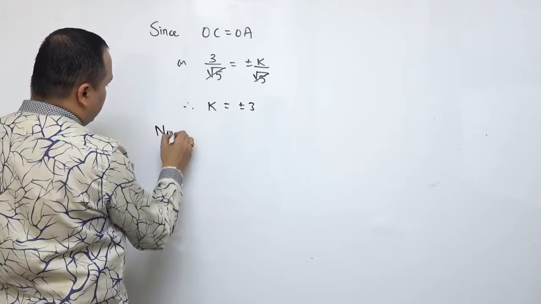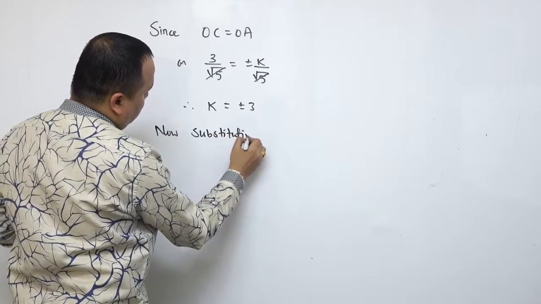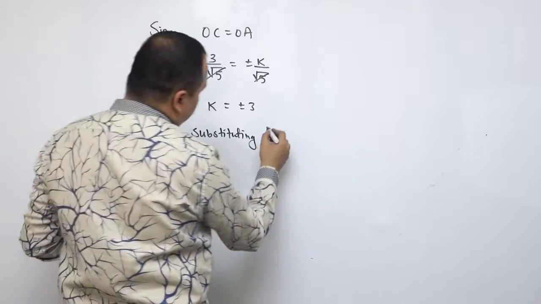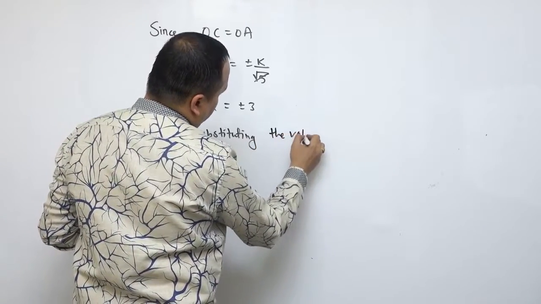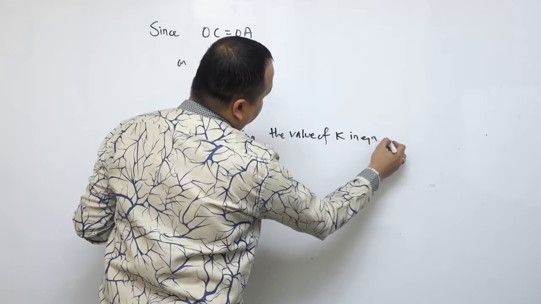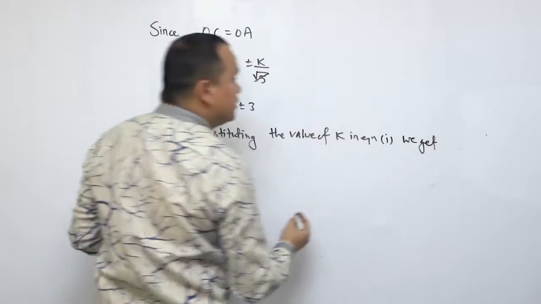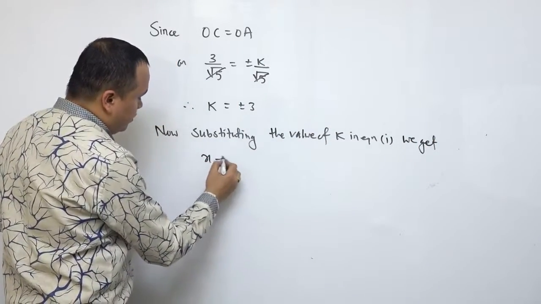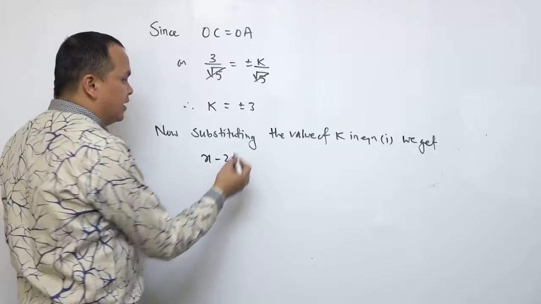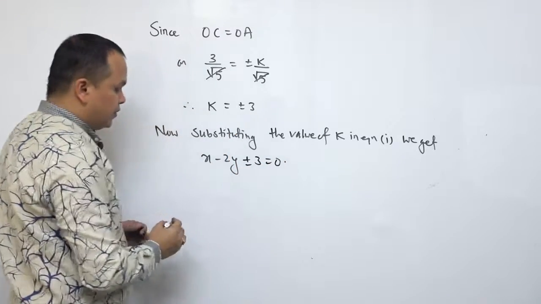Now, substituting the value of k in equation 1, we get x minus 2y plus k, and k is plus minus 3, is equal to 0.